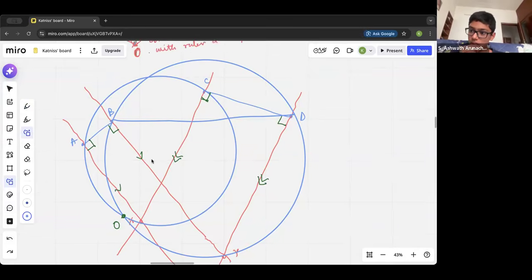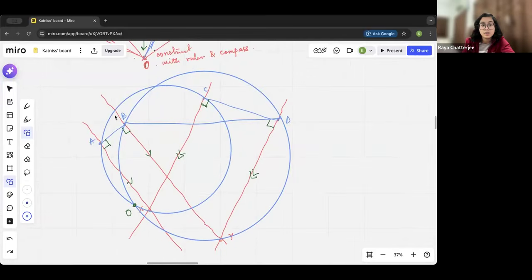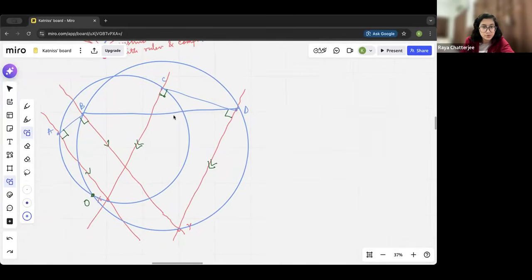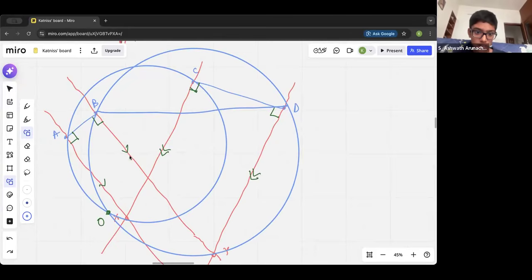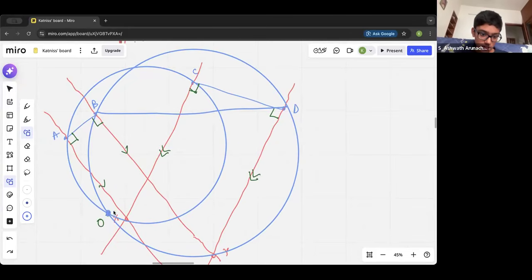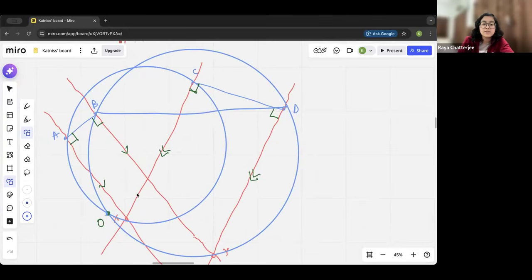Okay, one drawback here. You are saying that BOD and AOC must remain constant, right? But let's forget that this is our O, and say this is the center of the spiral similarity, which sends segment AB to segment CD.